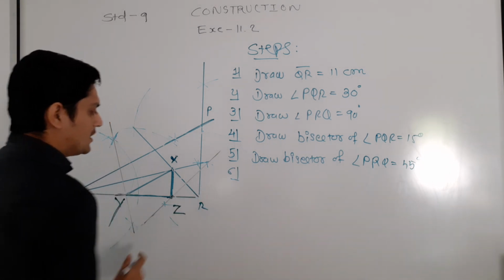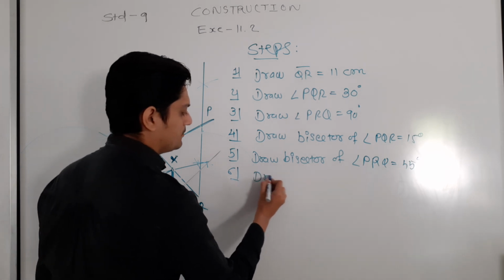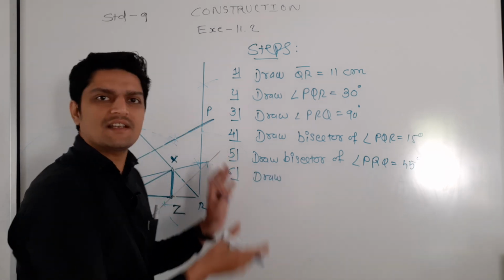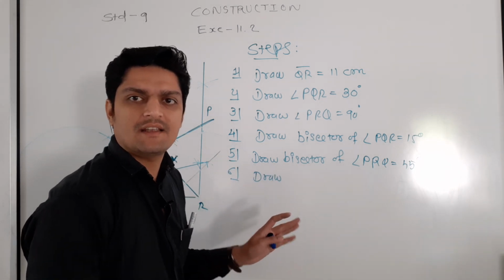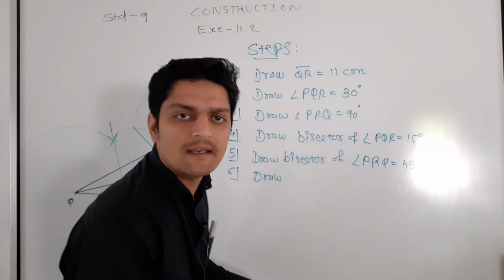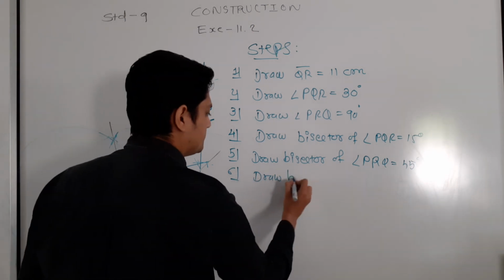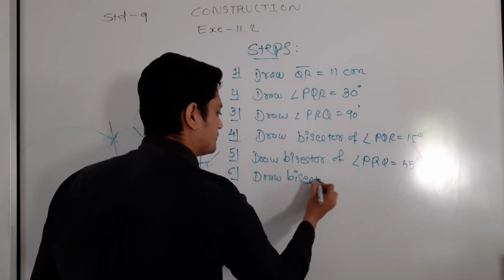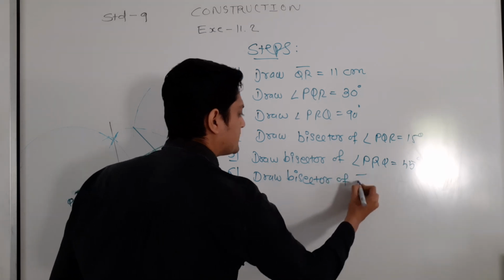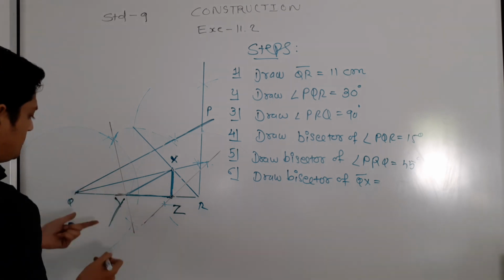Again draw the bisector of line segment XQ. You are seeing now, such easy steps, really it is. Here we don't have to draw anything new. What we have done, that we have to write. Okay, then draw the bisector of QX. The bisector of line segment QX, any name you can give.